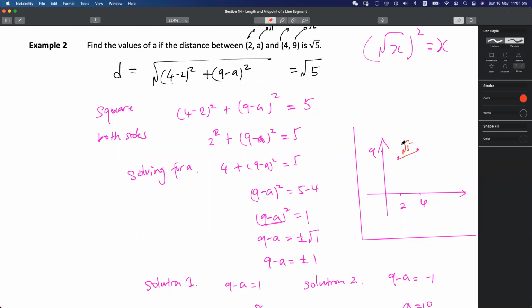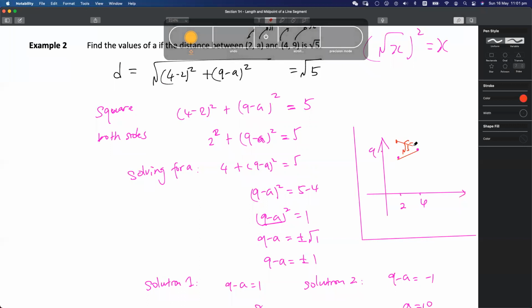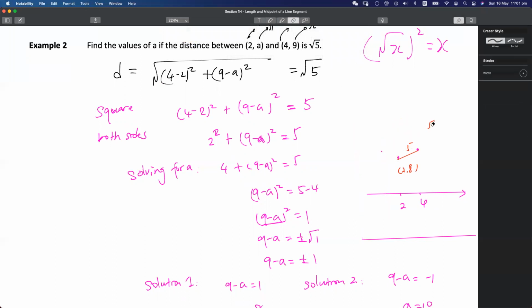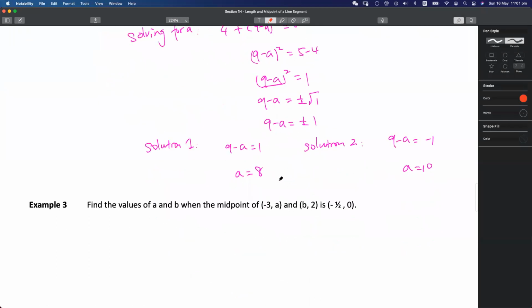And if a is equal to 10, then this point is here, so this is root 5 as well. So (2, 8) and (2, 10) both form a distance of root 5. If you construct a triangle, that's an isosceles triangle. That's why we have two points. Feel free to ask me if you're still confused with this. I'll come to you and talk to you in person.